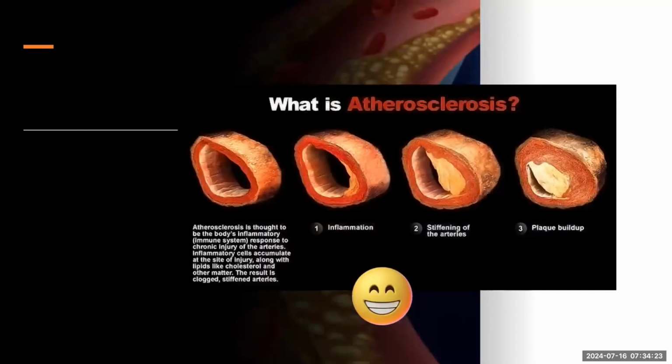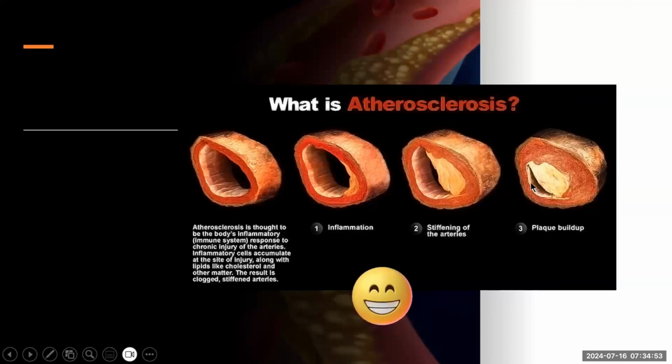So this condition is called atherosclerosis, the development of this fatty deposition over the time. And you can see in this diagram, one is completely open, no problem, and the second one starts to develop the fat, the third one halfway develops the fat, and the last one is completely blocked with a very small amount of lumen.